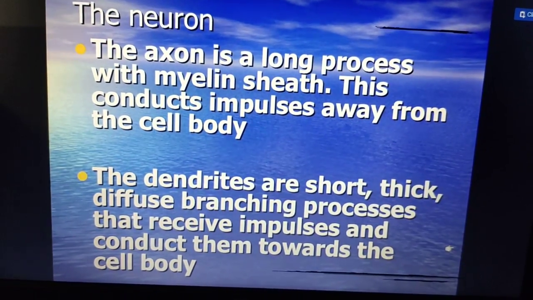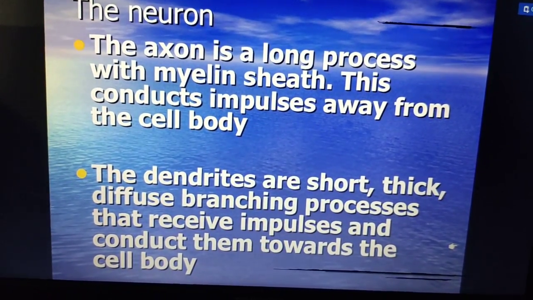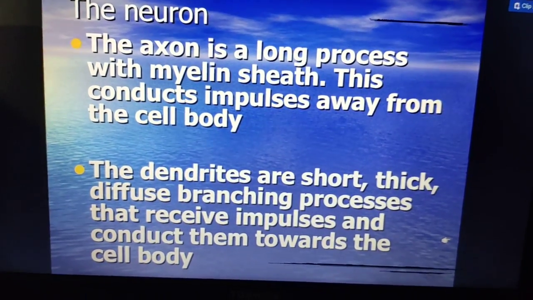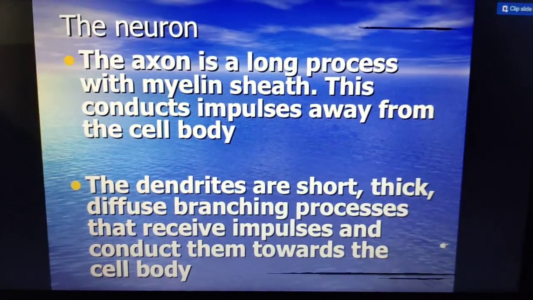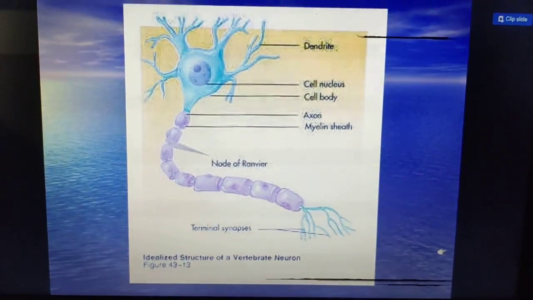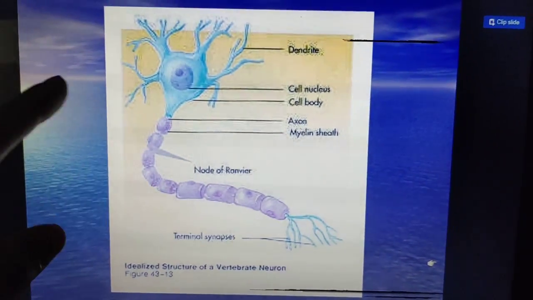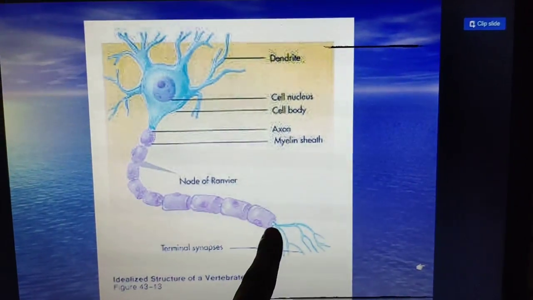And the axon is a long process with a myelin sheath. This conducts the impulses away from the cell body. We have seen the previous slide actually, no? Wait, I will show you one more thing. This is also called a neuron, isn't it? This is what we call the axon.